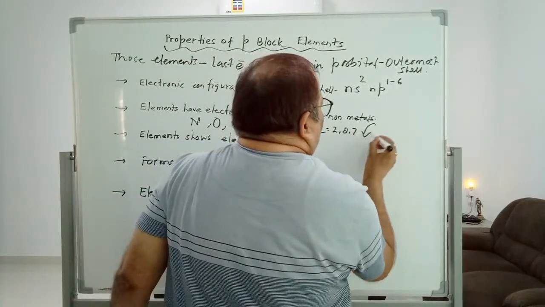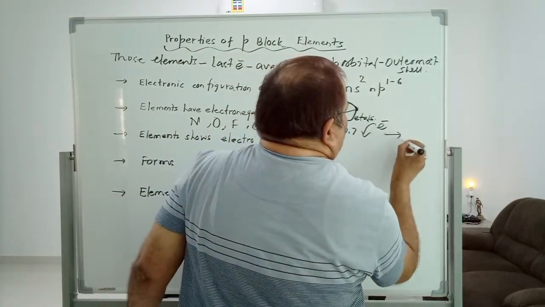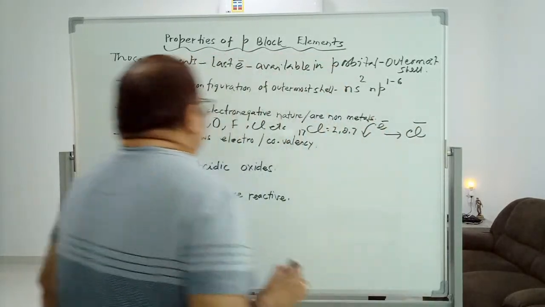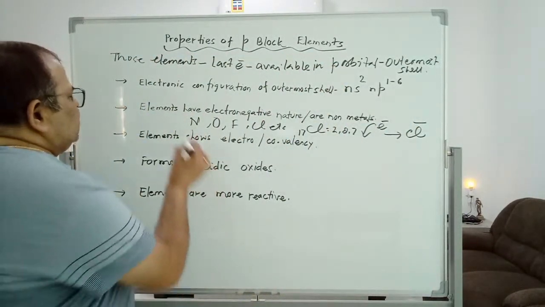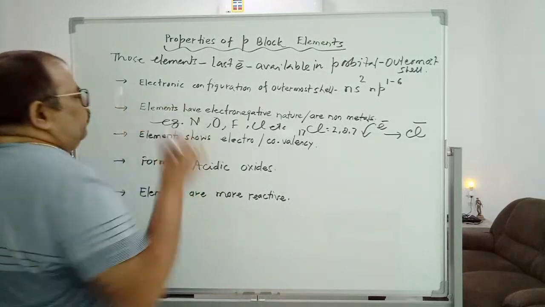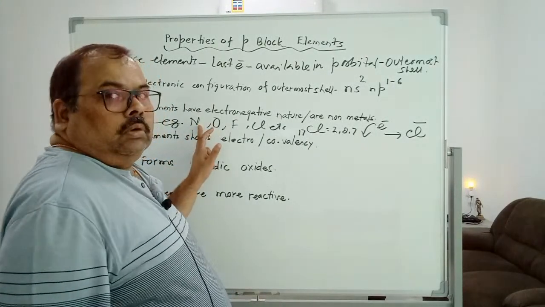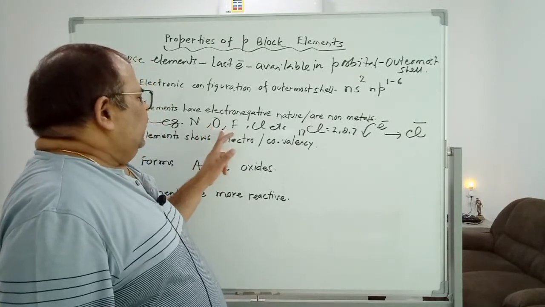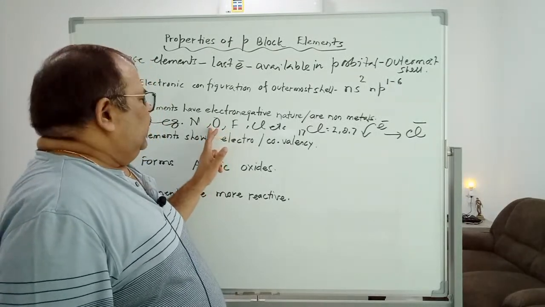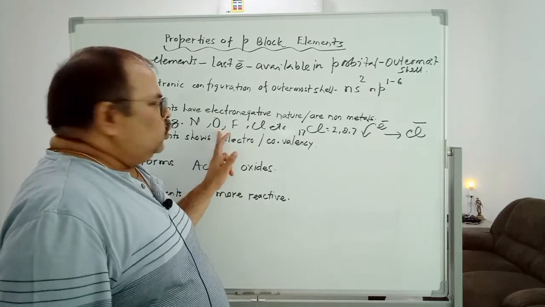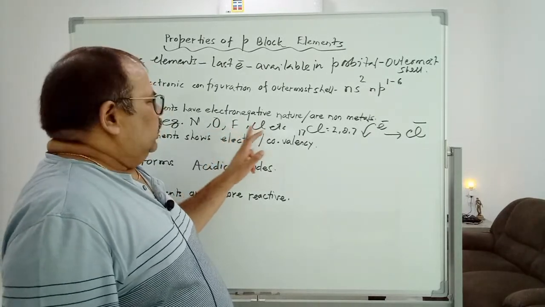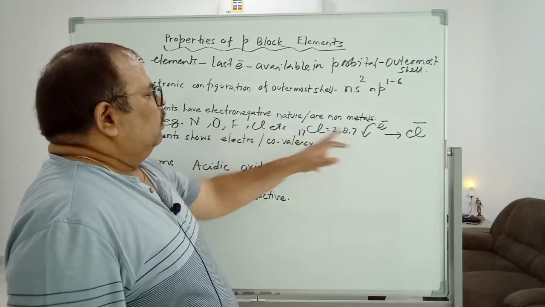It will gain 1 electron and convert into Cl minus. These are the examples. Nitrogen 2, 5 gains 3 to become N 3 minus, oxygen 8, 2, 6 gains 2 to become O 2 minus, F 2, 7 gains 1 to become F minus.